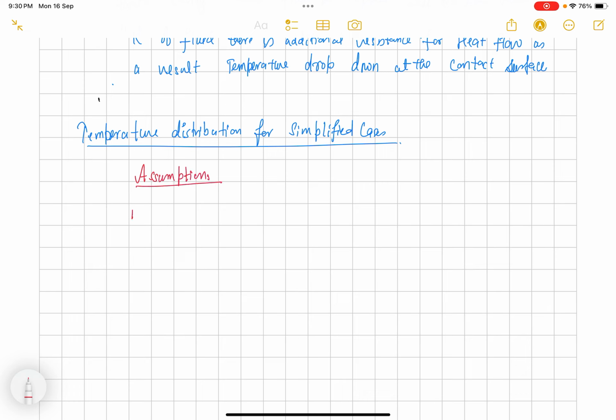Okay, first thing is one dimensional heat flow, or if it is a spherical or cylindrical body, then it is radial heat flow.